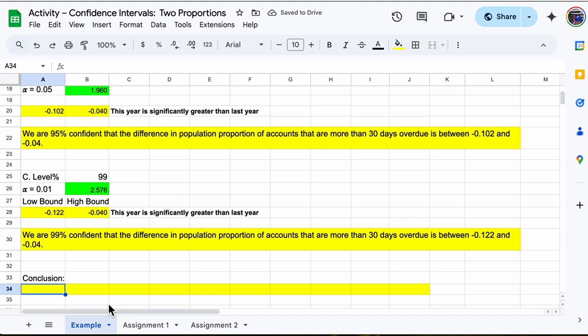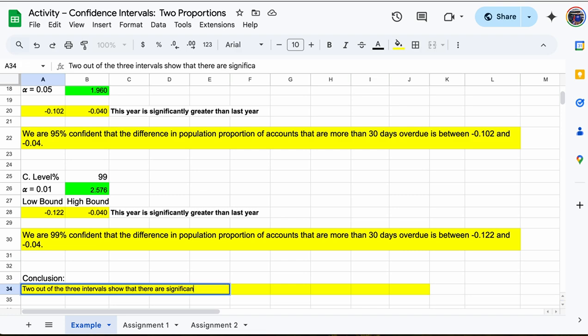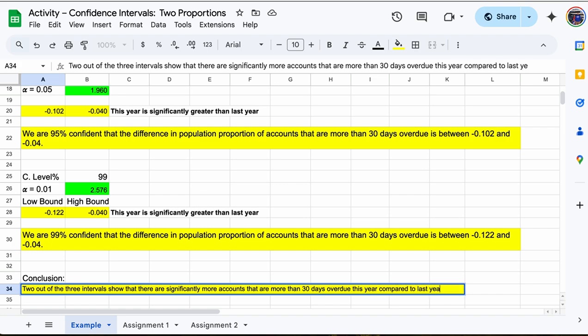So my conclusion would say 2 out of the 3 intervals show that there are significantly more accounts that are more than 30 days overdue this year compared to last year.